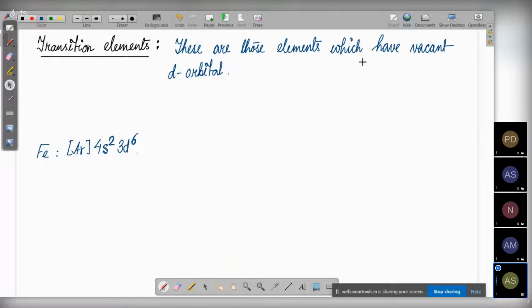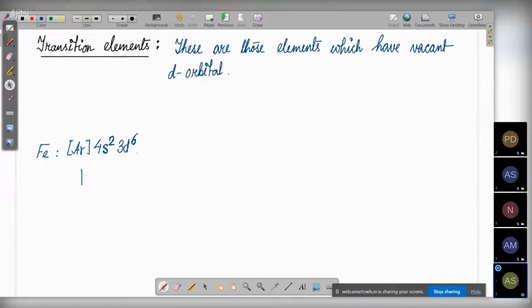These are those elements which have vacant d orbital. So for iron, a maximum of 10 electrons can be fitted in the d orbital, whereas we are getting just 6 electrons. That means there is a vacant orbital.